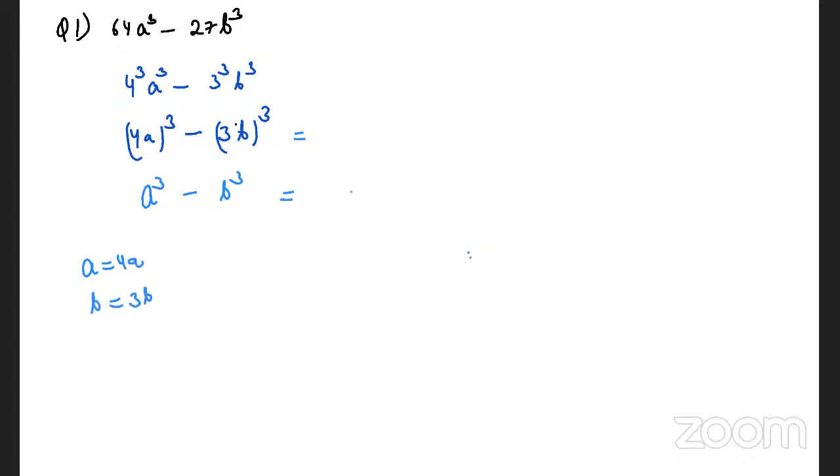Now what is the property of this? a minus b, a square plus ab plus b square.